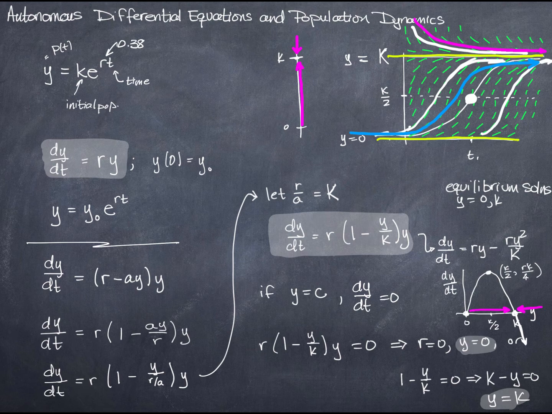Well, we don't know the function, but we have its first derivative. It's this thing right here. That's the differential equation we started with. So if we take the derivative of this and set it equal to 0, we'll know what our inflection point is. How do we take the derivative of a function with respect to t if there's no t in it? Well, we can use the chain rule to do that.